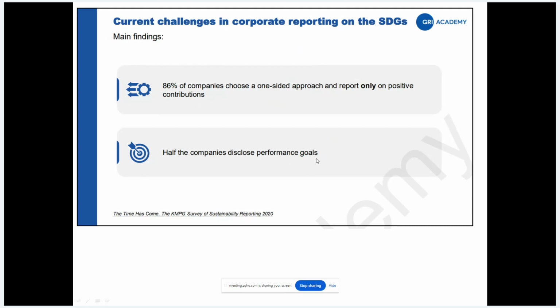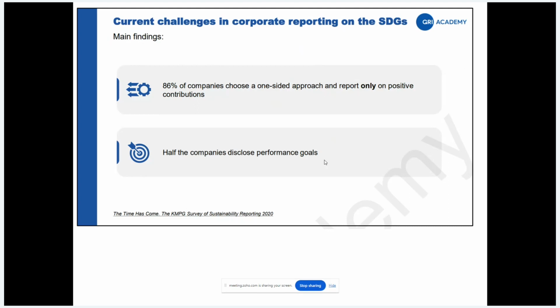And half the companies disclose performance goals. Means, what are their targets? If you give your targets and you have not achieved them, it will again be a negative kind of thing. So only half the companies are disclosing the performance goals, or you can say the targets. What target they had made and what they could achieve. Achievement they have to report in any case.